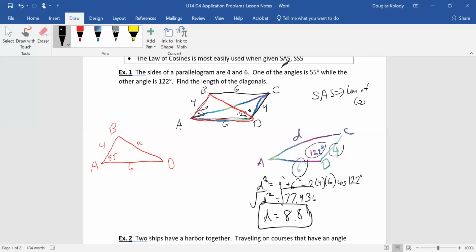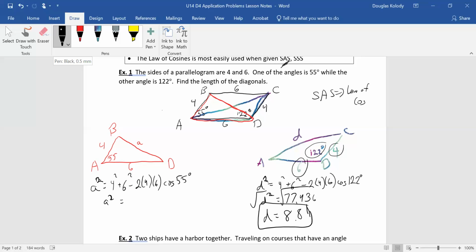And as Bon Jovi says, we're halfway there. Now let's find side a. So a squared is going to equal 4 squared plus 6 squared minus 2 times 4 times 6, this time times the cosine of 55 degrees. Work it out on your calculator. Don't just take my word for it.